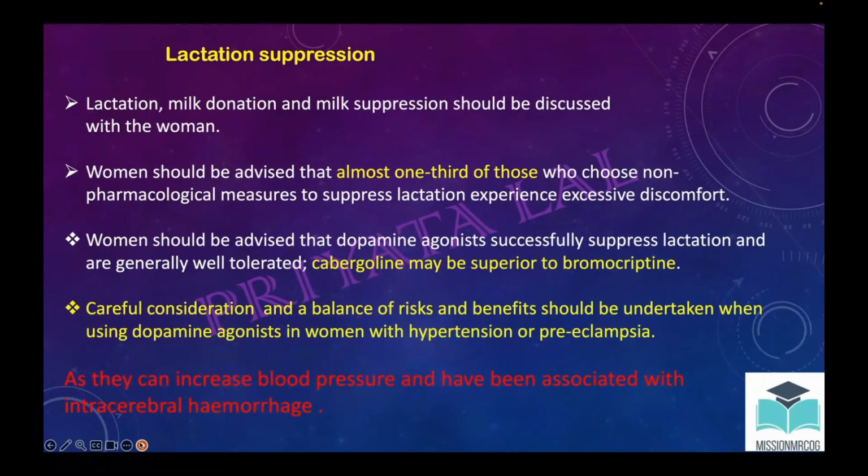If your patient has high blood pressure or preeclampsia, you can't offer them this dopamine agonist. And why so? Because they will increase blood pressure, and they have been associated with intracerebral hemorrhage. This part is important for part 2 and 3 people both. So be careful before you prescribe it.